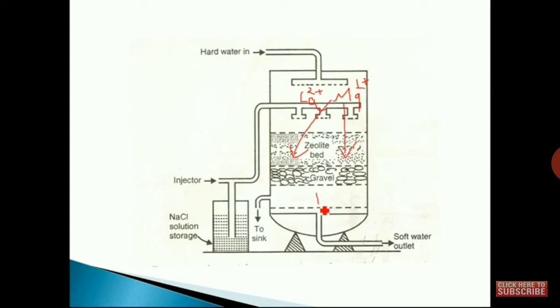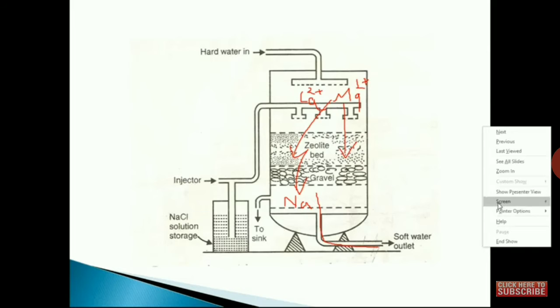And when you have the soft water, the treated water here, this zeolite will release the sodium from here, because zeolites are what? Sodium silicates. Sodium ion would be there. So treated water would have dissolved sodium salts here. So this is the scenario of your zeolite method.